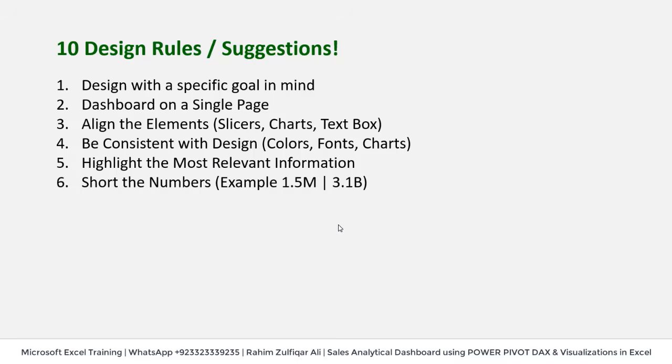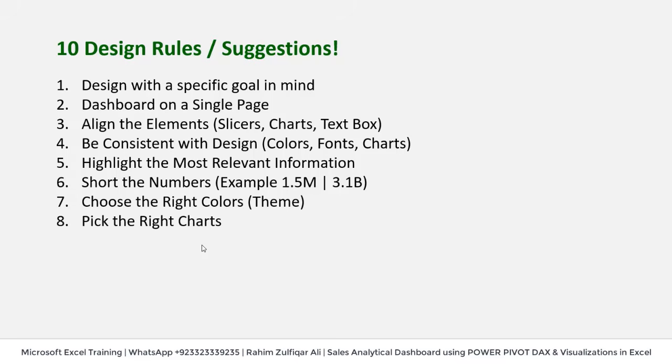For example, when you take data that contains very big numbers, if your business is doing sales in millions and billions, try to make a standard report, and whatever visualizations or numbers you show on your dashboard should follow a single pattern. Either all the numbers should be in millions or billions, as you like, so that it could be read easily by the user. Seventh one is to choose the right colors as the theme colors.